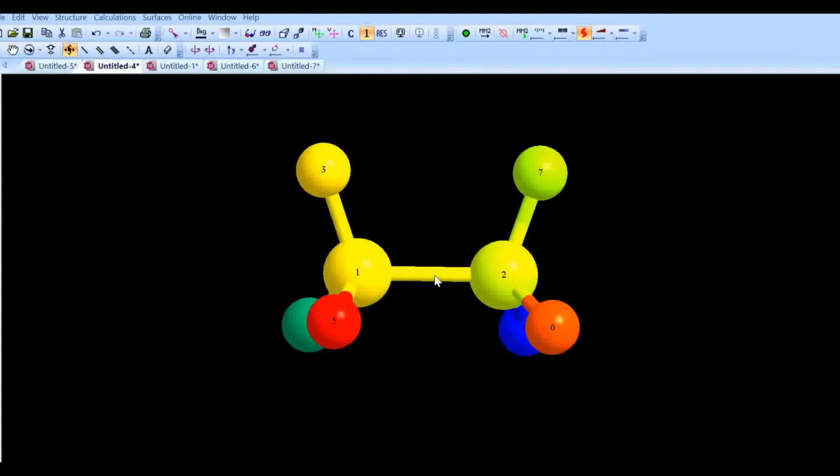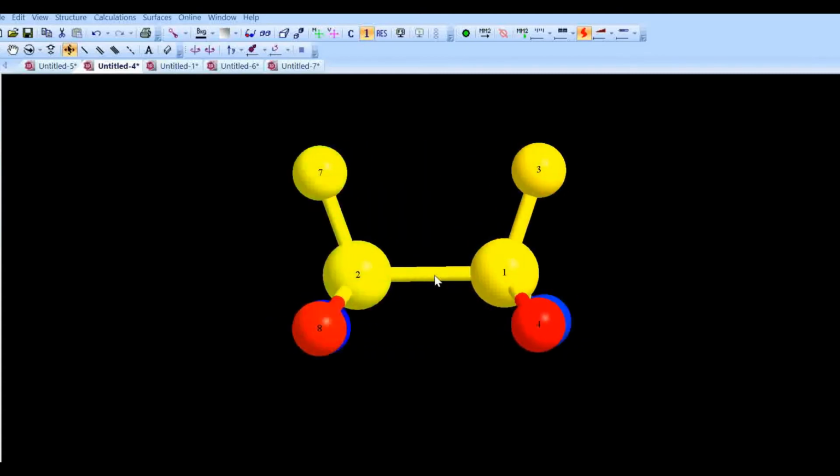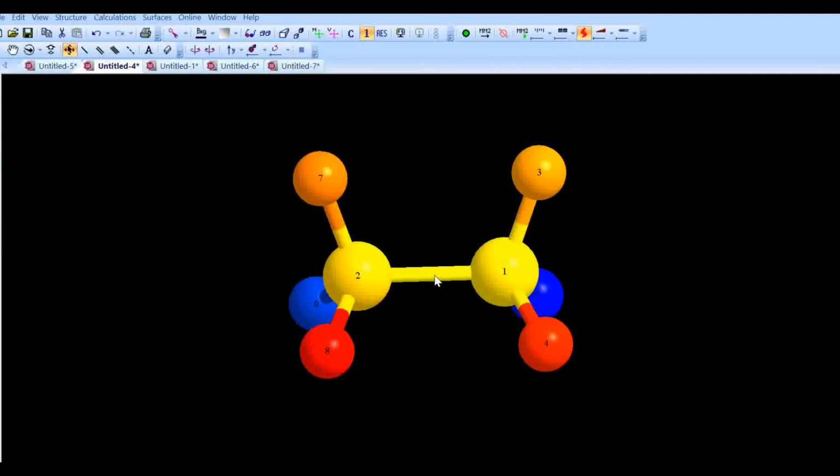The different thing about this molecule as compared to the staggered ethane is that if I reflect the molecule through this plane, then you can see on both sides of this plane, the atoms are distributed in the same way, and therefore if I reflect, the appearance will remain the same.